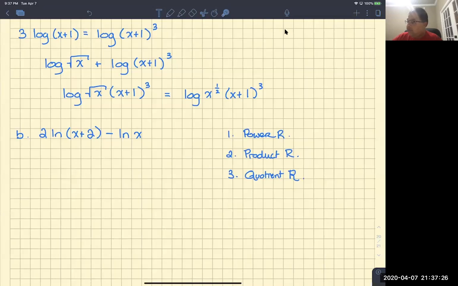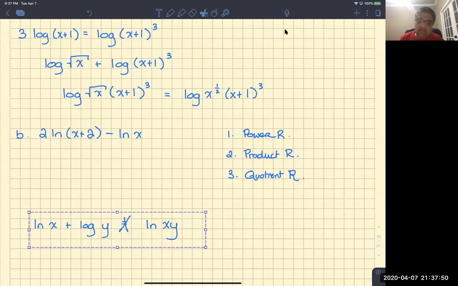But say, for example, I had the natural log of x plus the common log of y. I cannot rewrite this as the natural log of xy. And the reason is because the logs have different bases. This is log base e, and this is log base 10. So contraction can only occur when the logs have the same base.